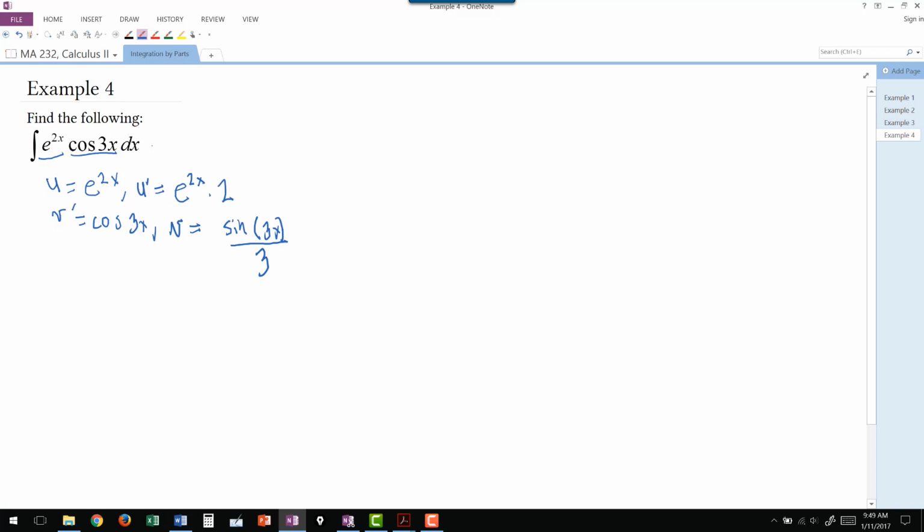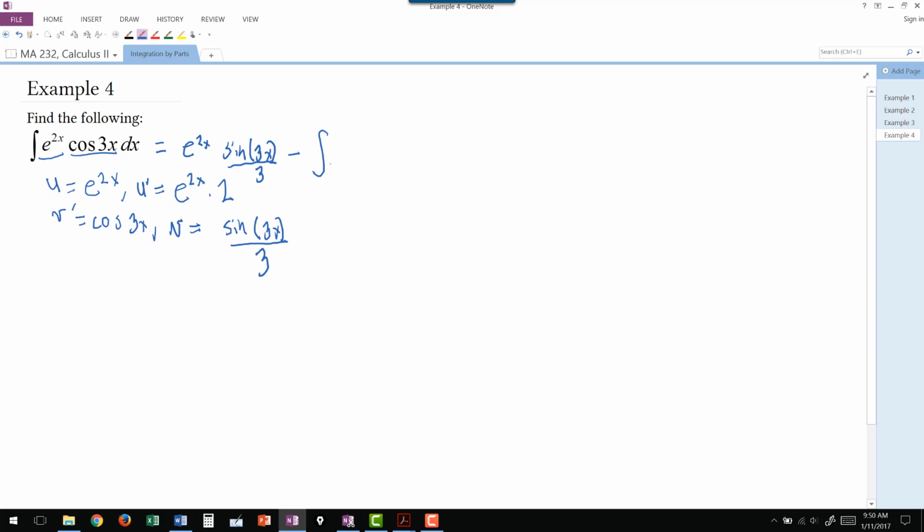So I need to apply the integration by parts formula. So that's going to be u times v, e to the 2x times sine of 3x over 3 minus the integral of v u prime.